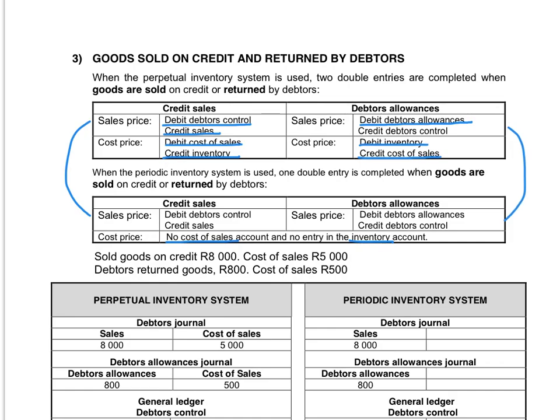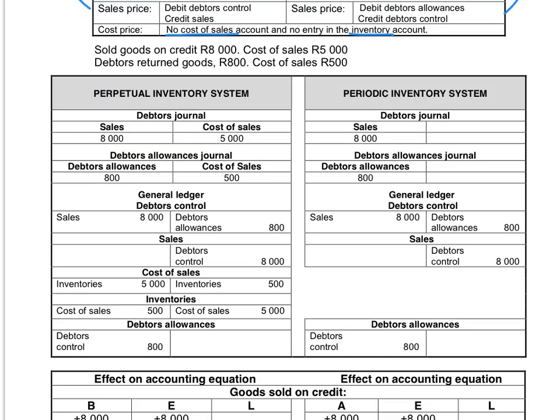No entry will be recorded in the periodic inventory system for the cost price. In the debtors journal, you will have a column for sales and a column for cost of sales. In the periodic system, you will only have a column for sales because you don't use cost of sales.